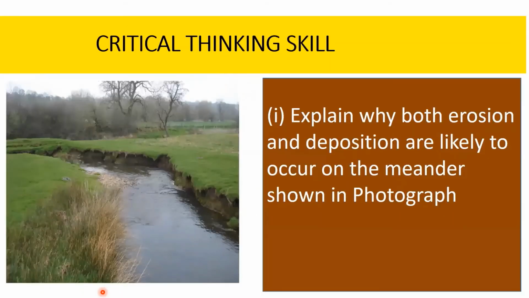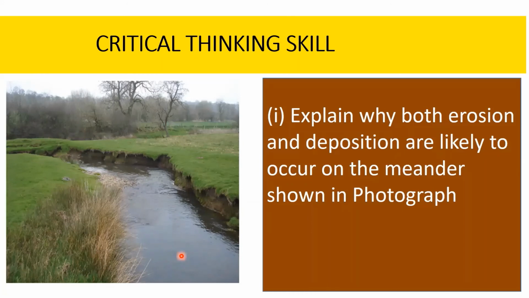Have a look at the picture and answer the given question. Explain why both erosion and deposition are likely to occur on the meander shown in the photograph. In the given picture, there will be areas of both fast and slow flow.